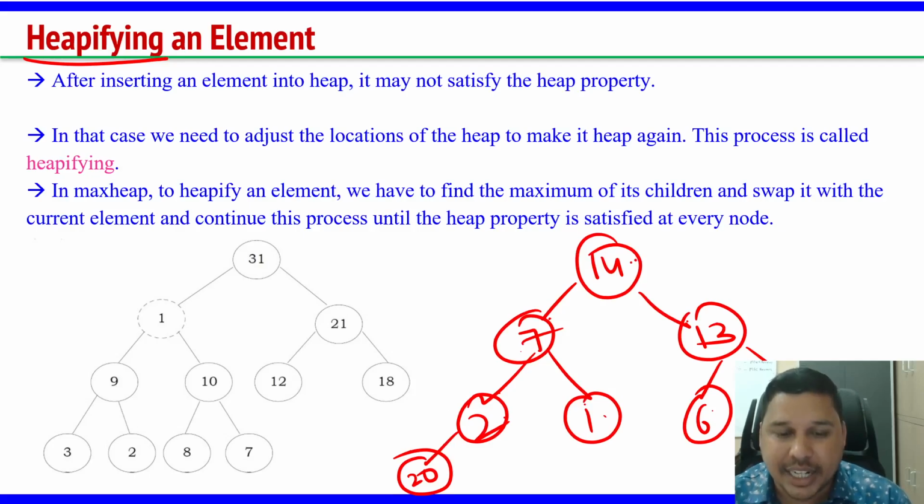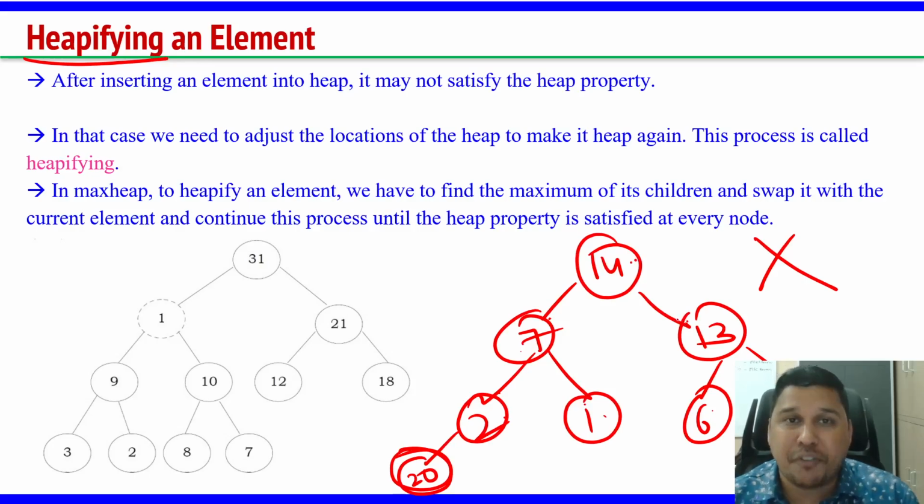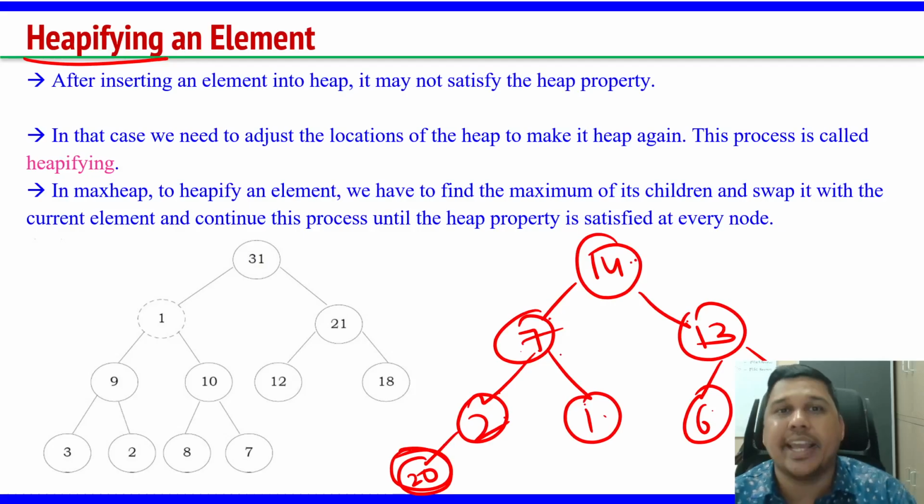Okay. I inserted 20, because of 20 it is not satisfying the property of heap tree. So, heapifying is a process which will transform or convert this tree into a max heap tree. The process of adjusting this tree, which is not a heap, and trying to convert it into a heap tree is called heapifying.